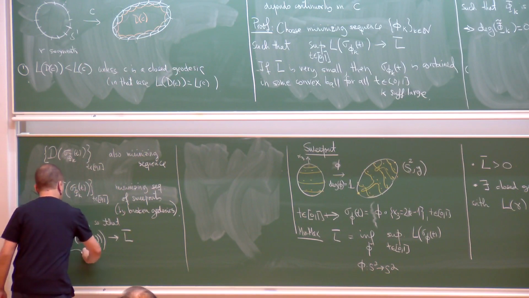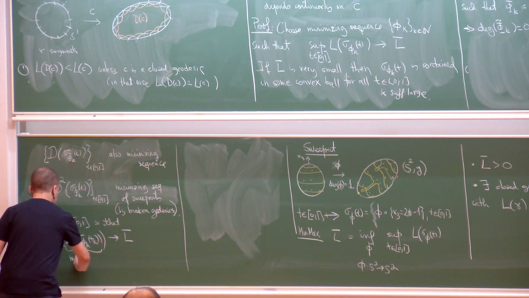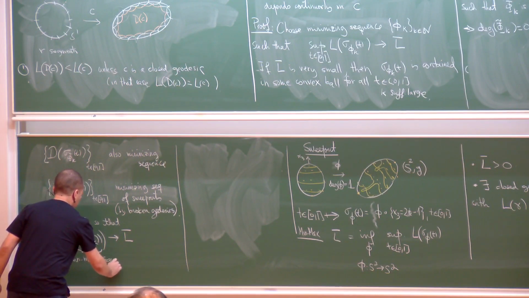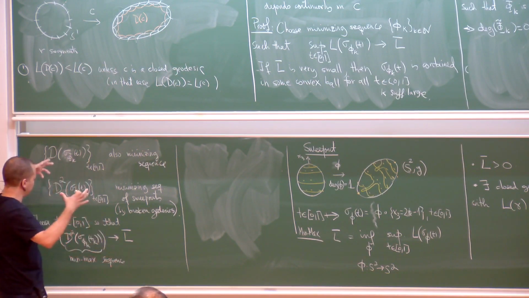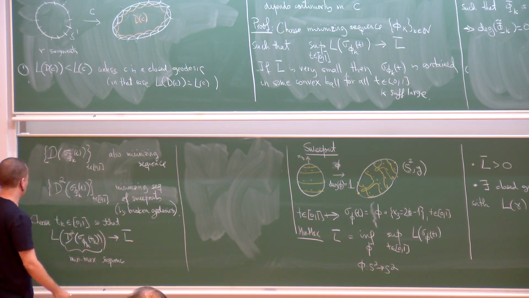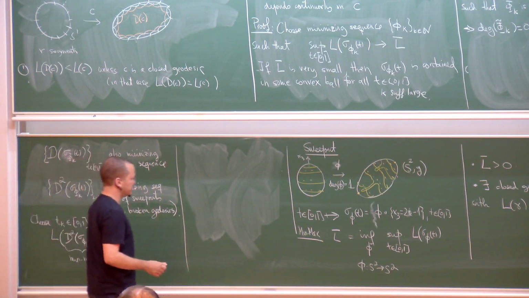This is what we call a min-max sequence. So we choose a sequence of slices, curves in the sweep out, so that the lengths are going to L bar.